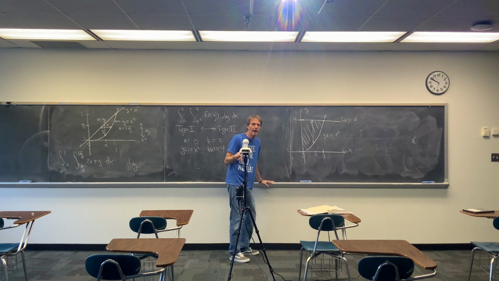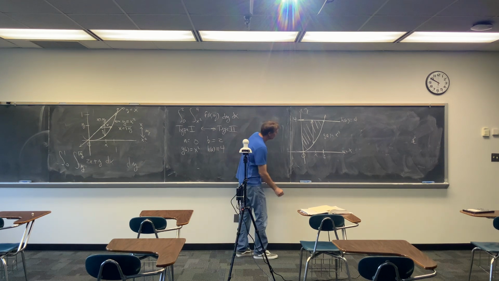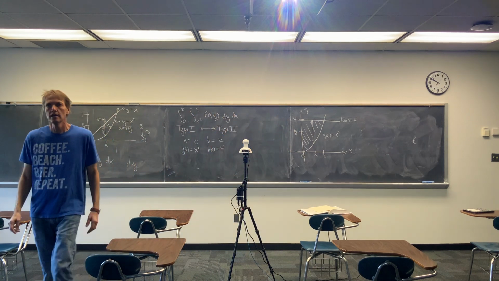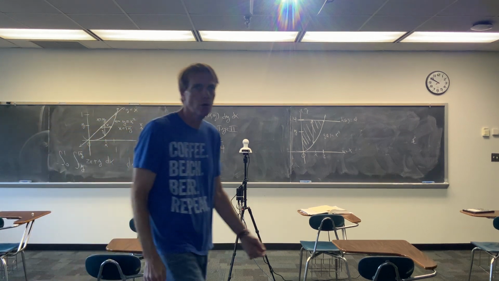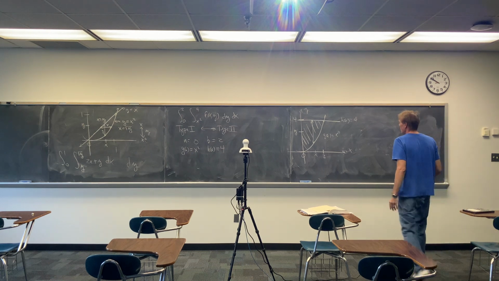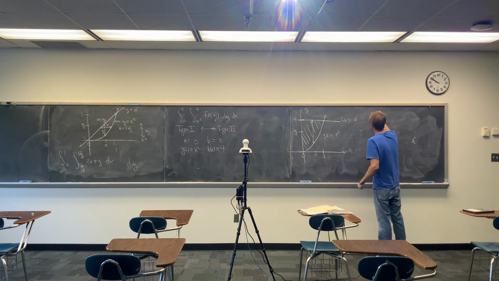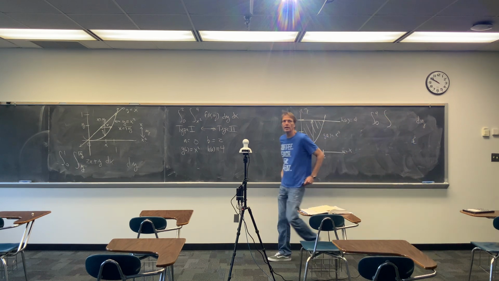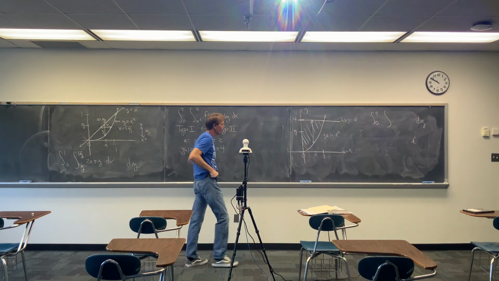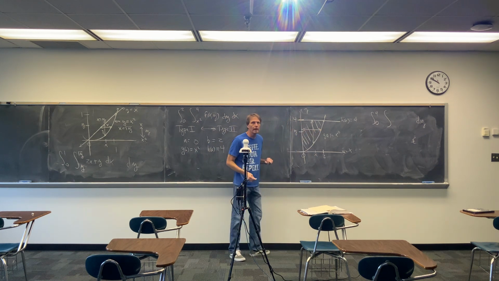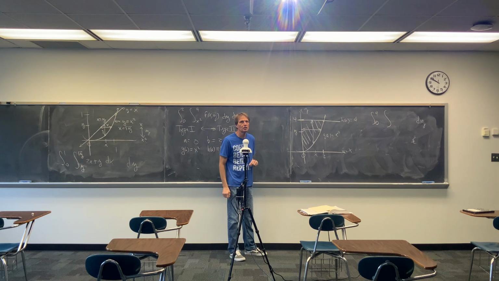But now if I'm thinking about this as a type 2, y is running between what values? Who would be your C and your D? 0 and 4. As y runs between 0 and 4, x is running between what two functions of y?